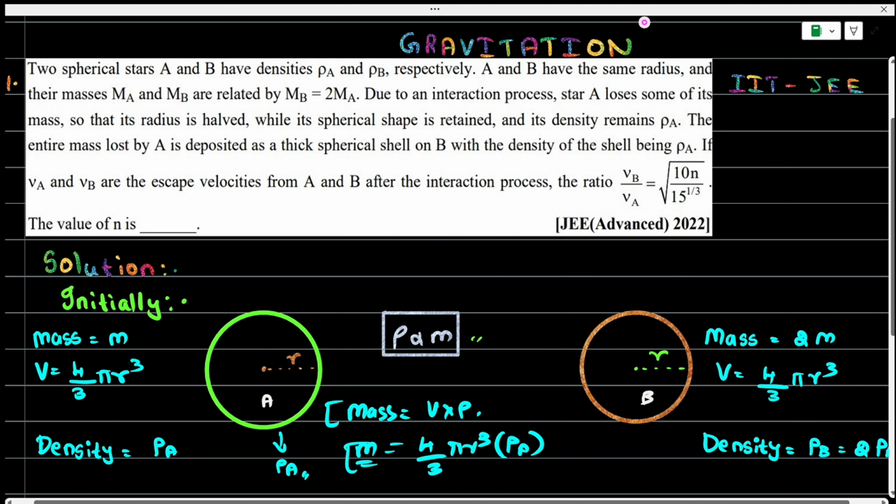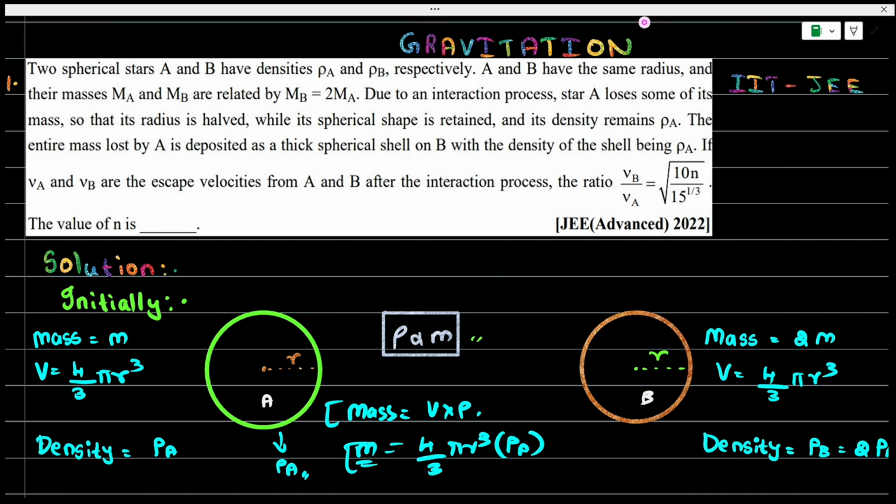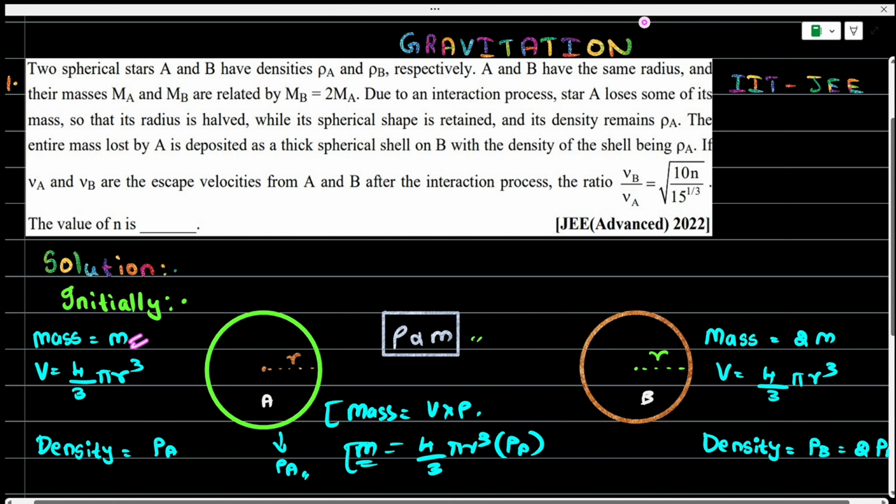Initially, they have given that star A and star B, let's assume them as perfect spheres with a radius of r, so that the mass of star A is equal to m and the mass of star B is equal to 2m. Since the radius is the same, the volumes of both stars are equal.